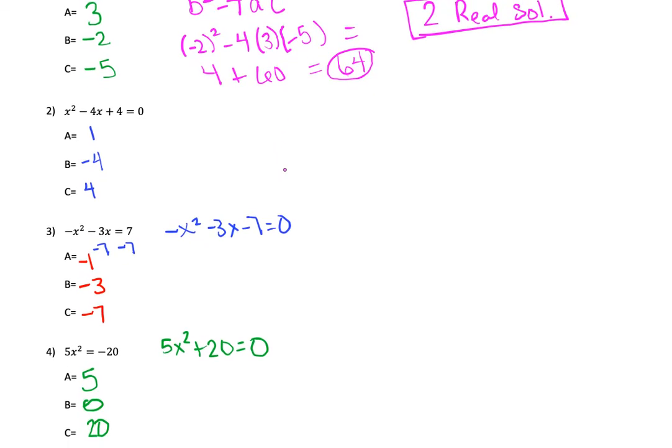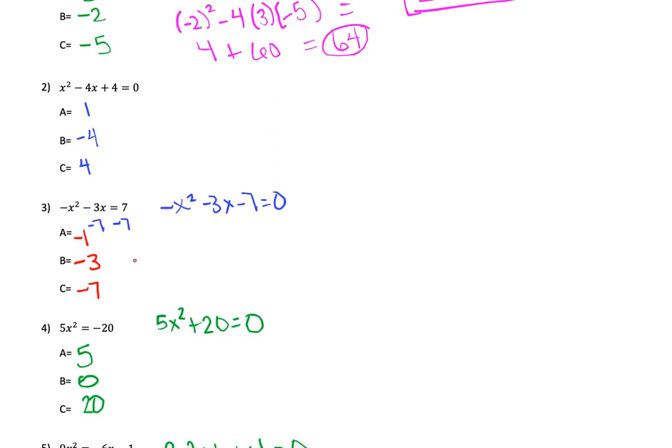Let's go through and do all of these. So again, it's b squared minus 4ac. So I have negative 4 squared minus 4 times 1 times 4. And that's 16 minus 16, which gives me 0.